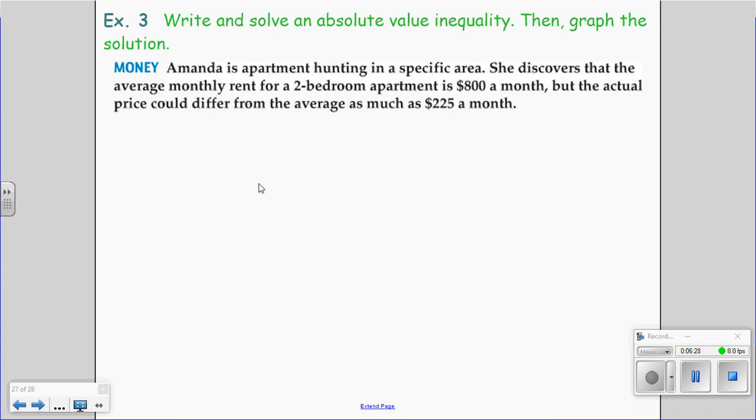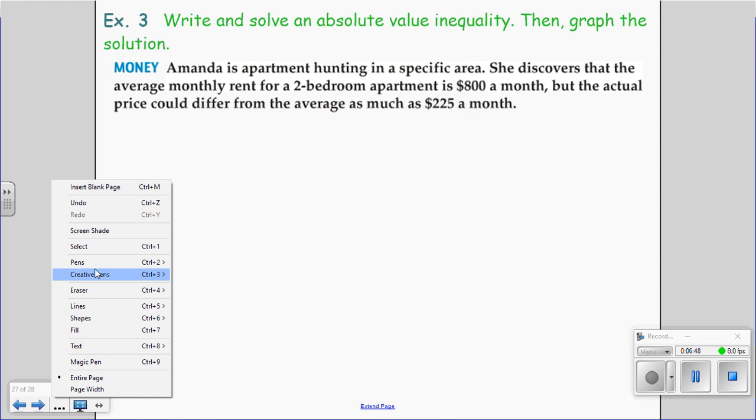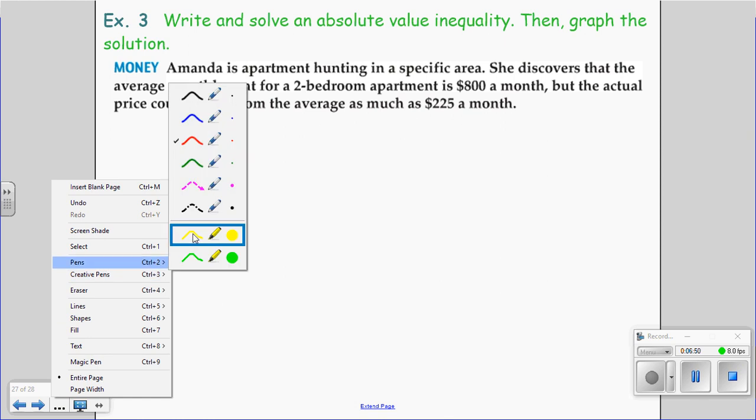Number 3 wants us to write and solve the absolute value inequality, then graph the solution. Amanda is apartment hunting in a specific area. She discovers that the average monthly rent for a 2-bedroom apartment is $800, but the actual price could differ from the average by as much as $225 a month. So very similar to how we did the equation section.